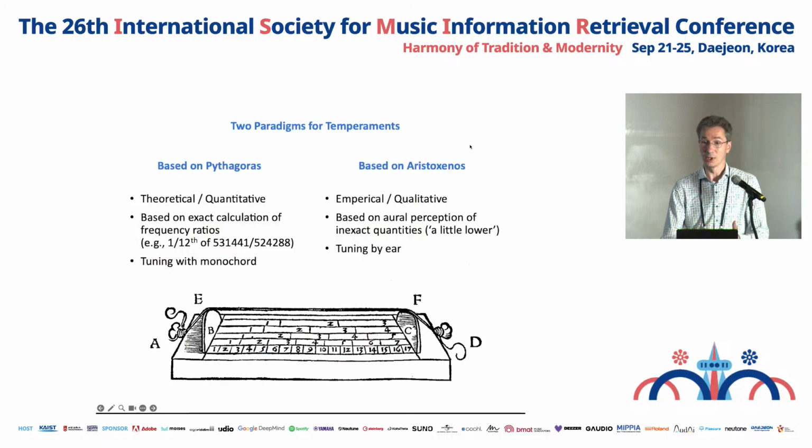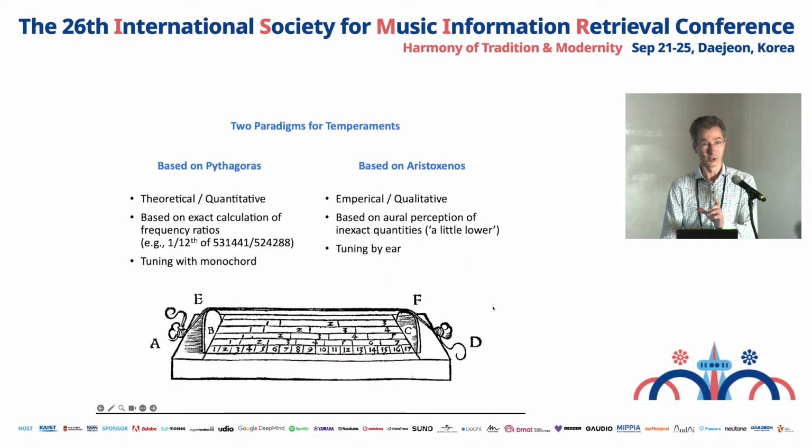There is a long history of searching for the optimal keyboard temperament, and basically there are two or three approaches during history. One is based on Pythagoras, which is theoretical, quantitative. In this approach, the frequency ratios are exactly computed and then measured on a monochord, you can see here.